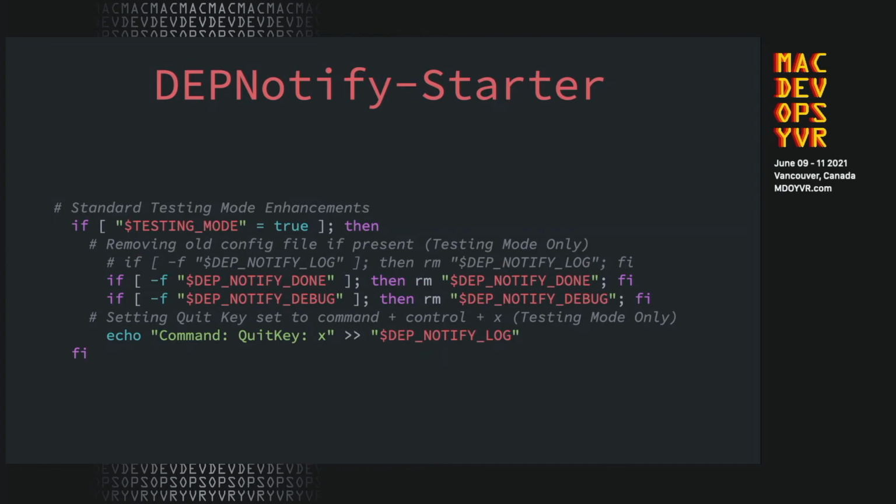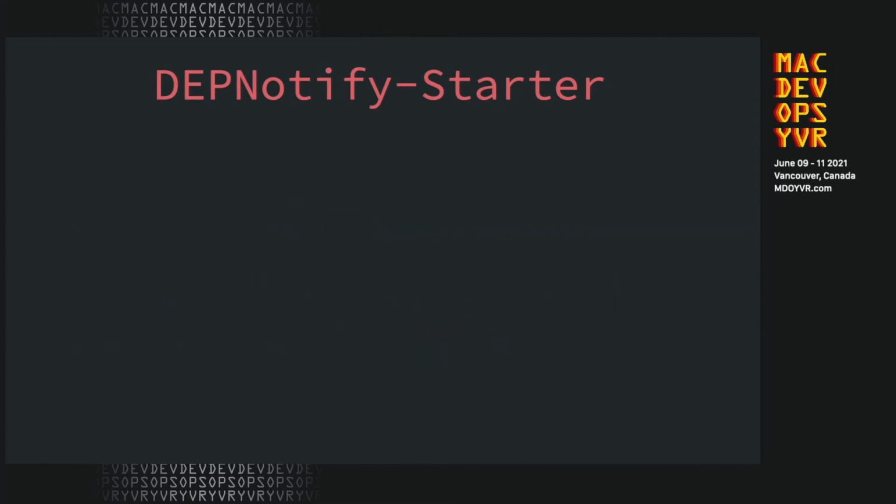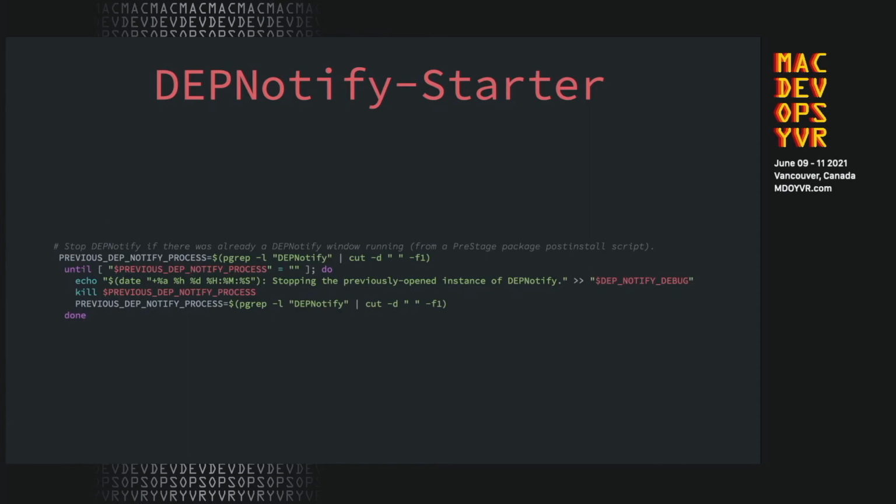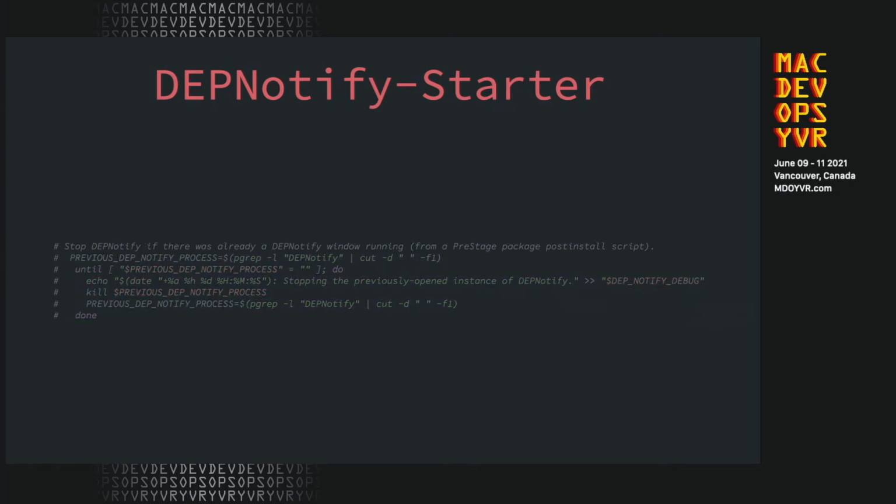If you do remove it while depnotify is running, the app won't pick up any changes in the new file. The usual behavior of the script is to quit any instance of depnotify that was running prior to the script. Now, I don't like to do this because I find it very distracting for depnotify to quit. You have a brief second or two, and then it relaunches a second later.